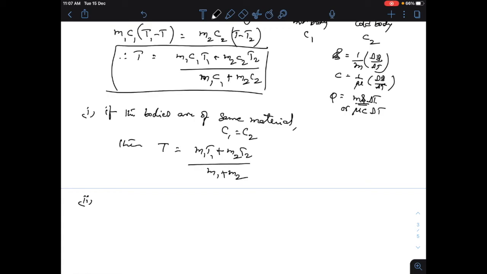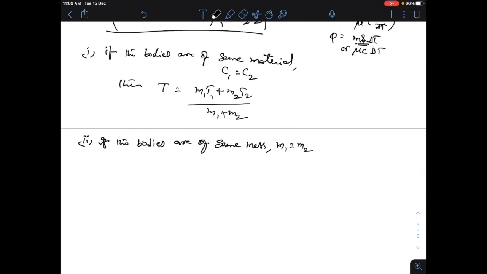Another case: if the bodies are of the same mass, m1 is equal to m2, then T is equal to T1 C1 plus T2 C2 by C1 plus C2.